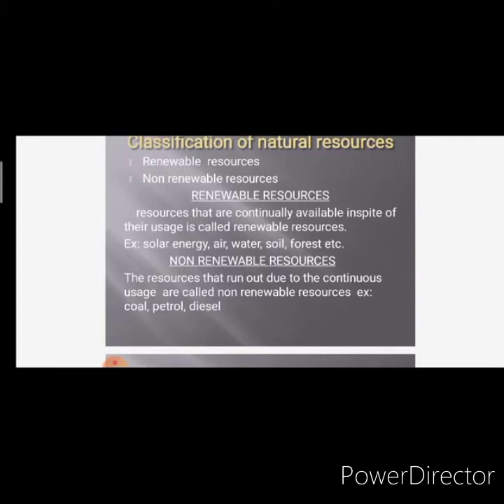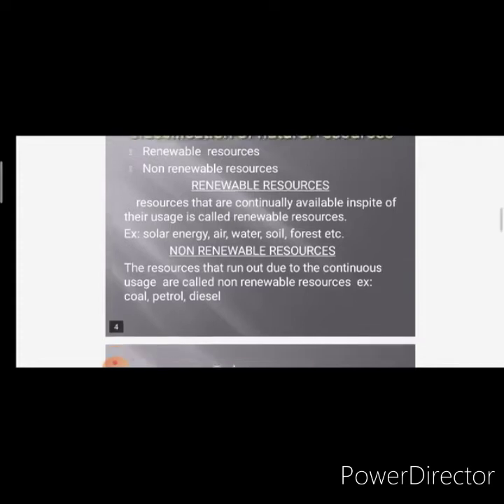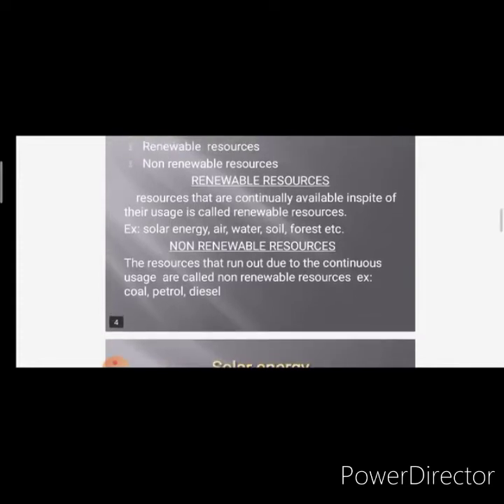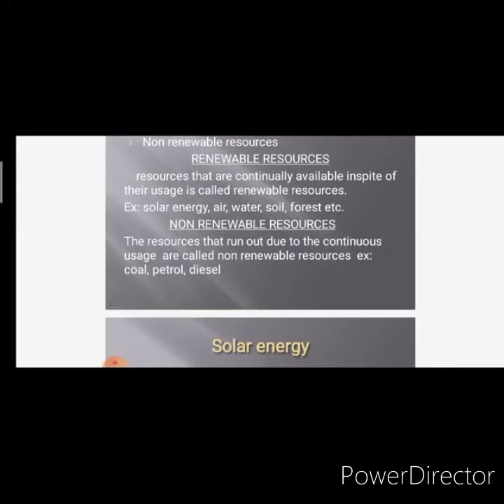So, we have to keep in mind that the usage of such resources has to be done in a very minimal way. You should not try to reuse them again and again or waste them. Fine.